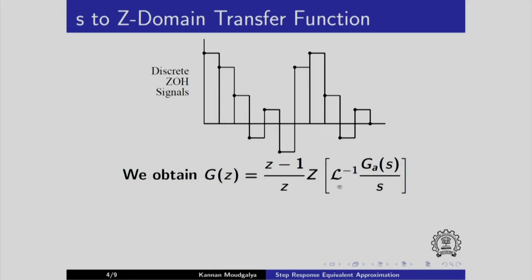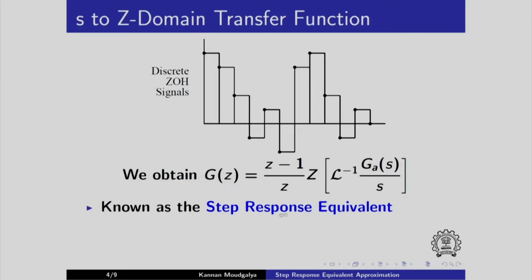Okay, here is the formula. You take the step response of the continuous time system, invert it, get the continuous time signal, discretize it and take the Z transform of it, and then multiply by the reciprocal of the Z transform of a step signal.